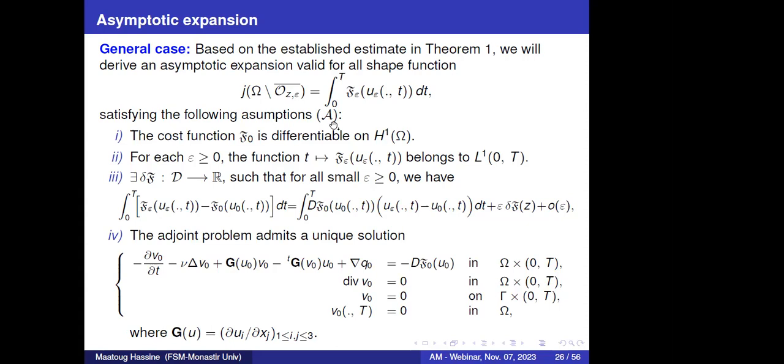We assume that f0 is differentiable in H1, and we assume that there exists a scalar function such that the variation of f minus f0 satisfies that asymptotic behavior. Also, we assume that the H1 problem has a unique solution on the Hilbert space H1 omega.